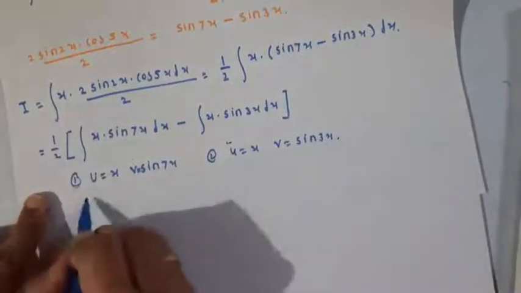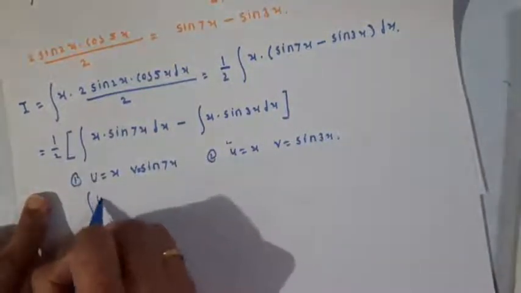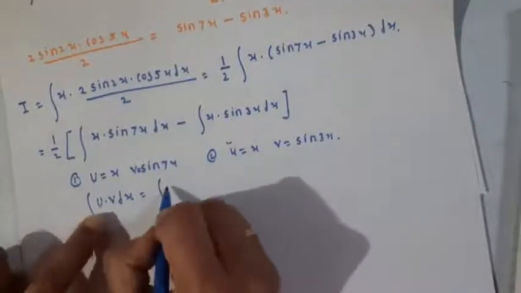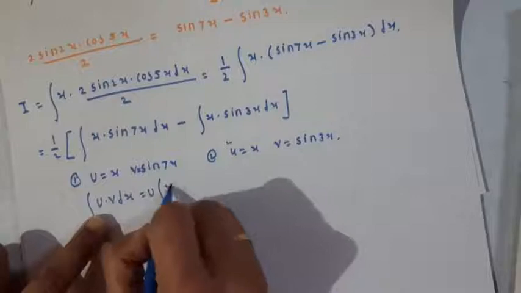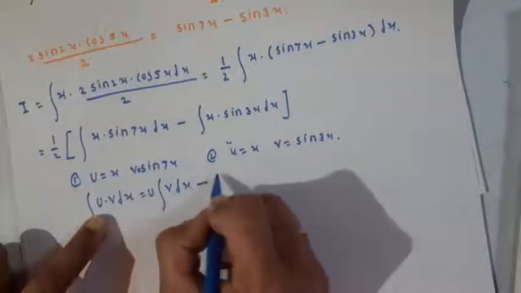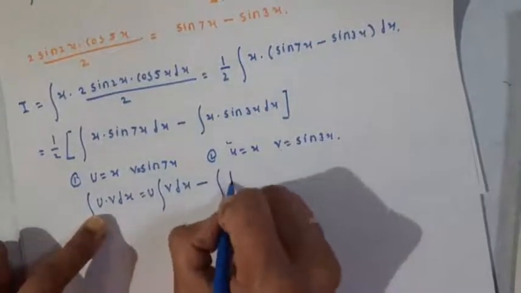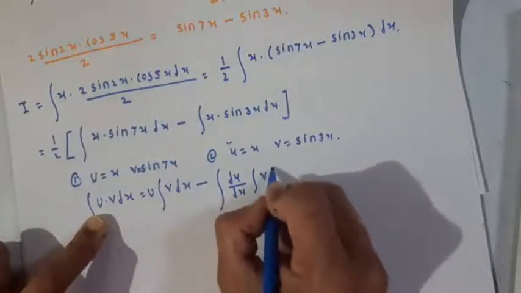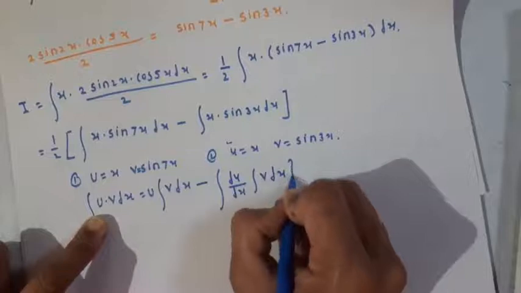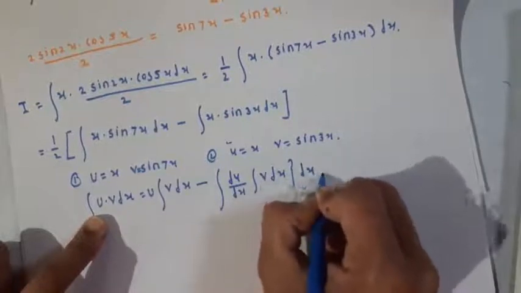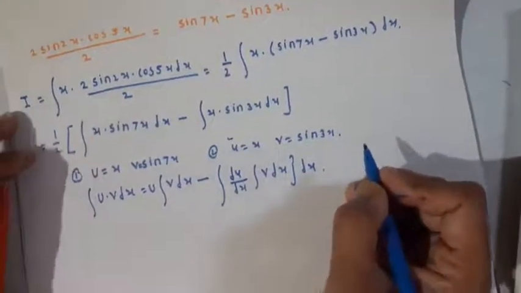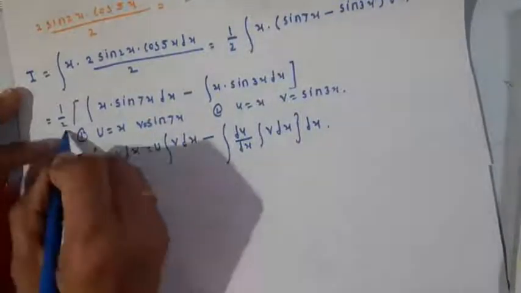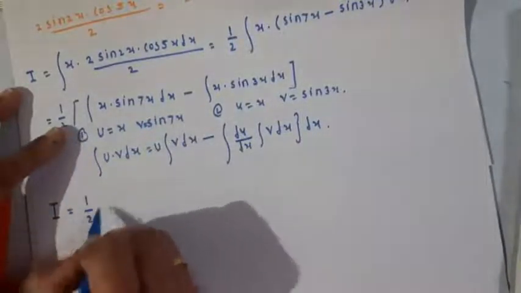And by using the u into v formula, that is integration of u into v with respect to x, that is u into integration of v with respect to x, minus integration of differentiation of u with respect to x into integration of v with respect to x, whole with respect to x, plus constant of integration c. And now the integration I equal to this 1 by 2 as a constant.